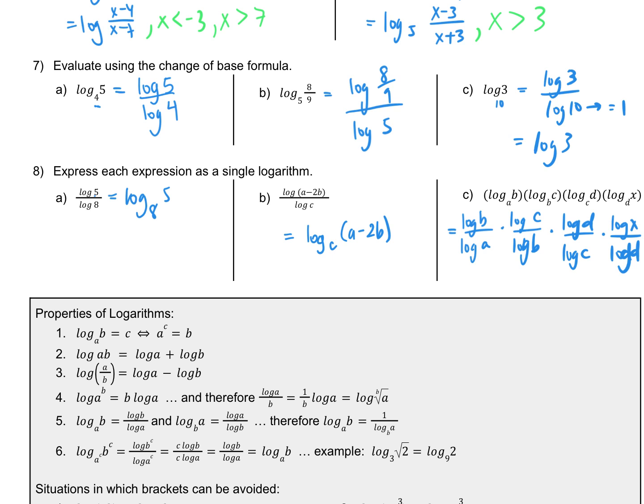And now you'll notice the log b's cancel out, the c's, the d's, and all you're left with is log x over log a, and that can be written as a single logarithm, log base a of x. And there we are.